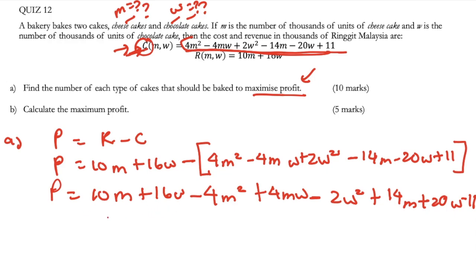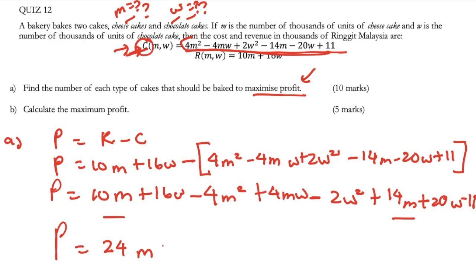So after that, you can simplify it even further. You're going to get this, yeah? 24m. How to get 24m? 10m plus 14m, isn't it?